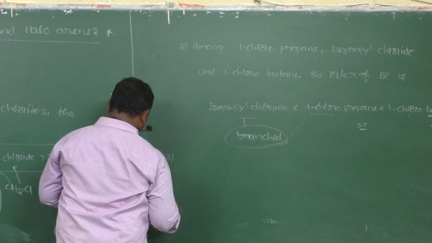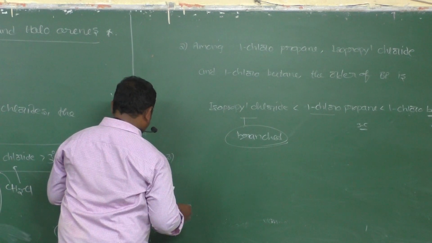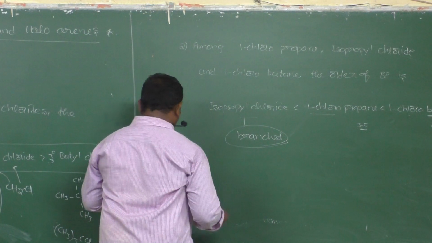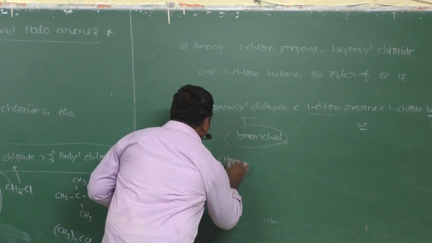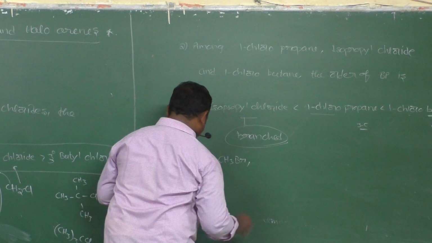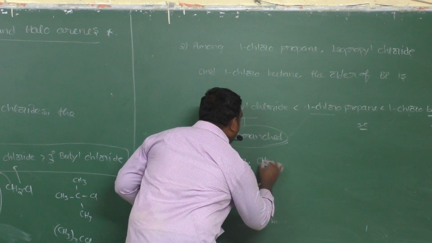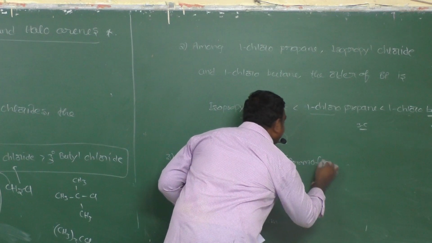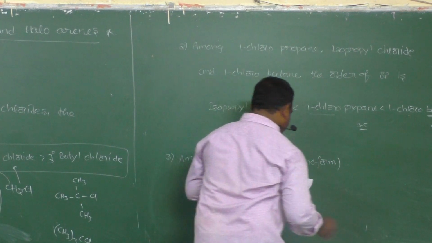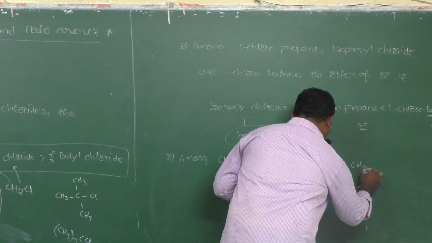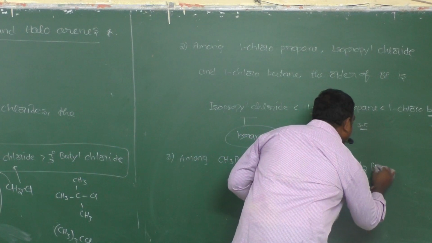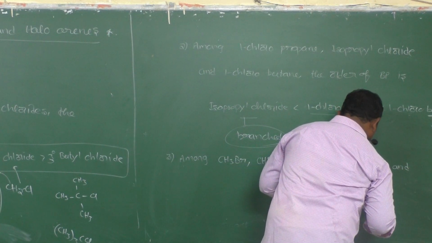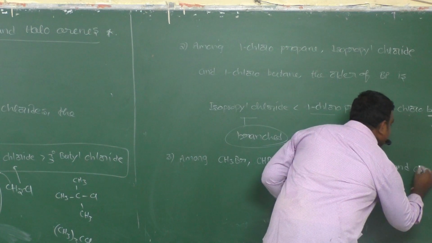Last one is an example. You can find out the order among methyl bromide, bromoform CHBr3, CH2Br2 and CH3Cl.